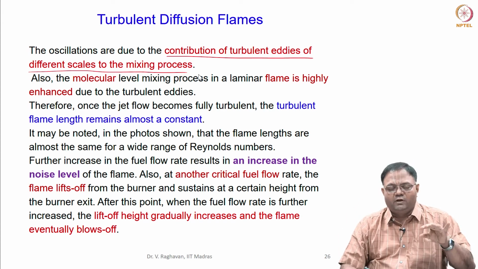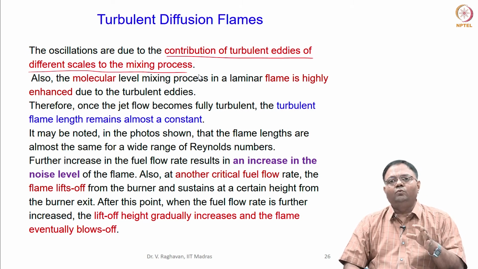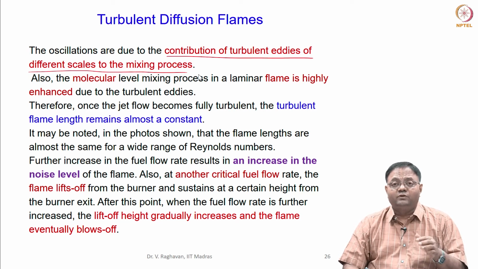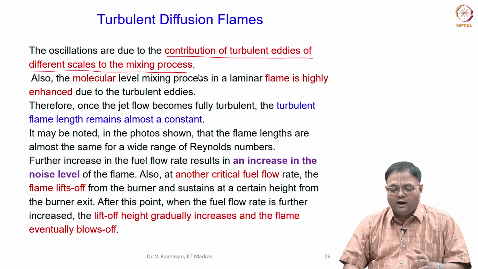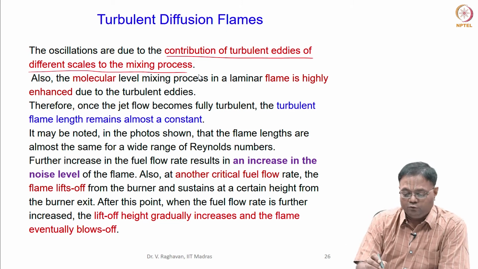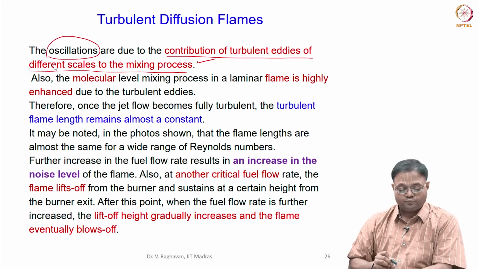But if the turbulent flow field is present, the eddies will try to mix this fuel and air, and since the eddies are fluctuating, the mixing zone itself is fluctuating, and such fluctuations are important on the flame surface. So, the contribution of turbulent eddies of different scale to the mixing process will contribute to the oscillations.